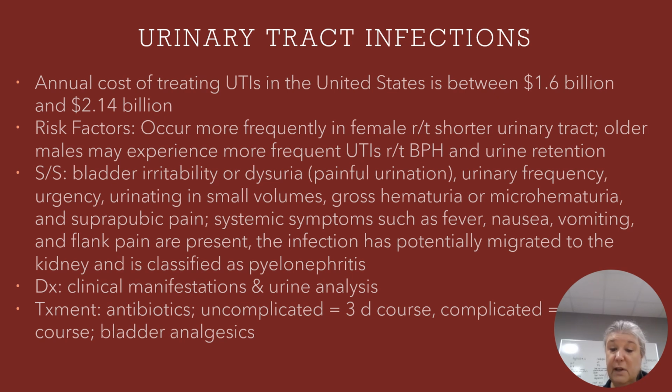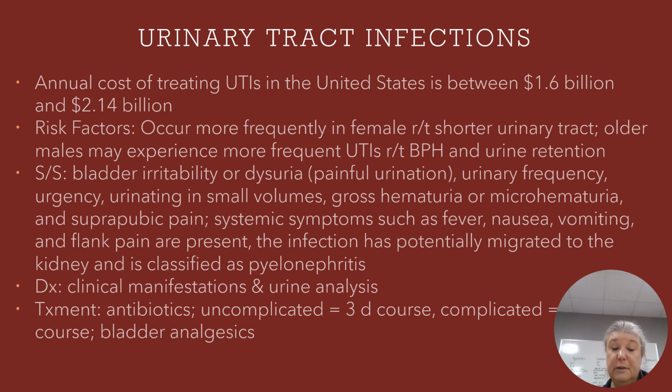It can go systemic on you and it ends up with a longer hospital stay. So risk factors, we talked about UTIs occurring in females more often because of the shorter urethra. Older males, however, can have more frequent UTIs because of the BPH and potential for urine retention.